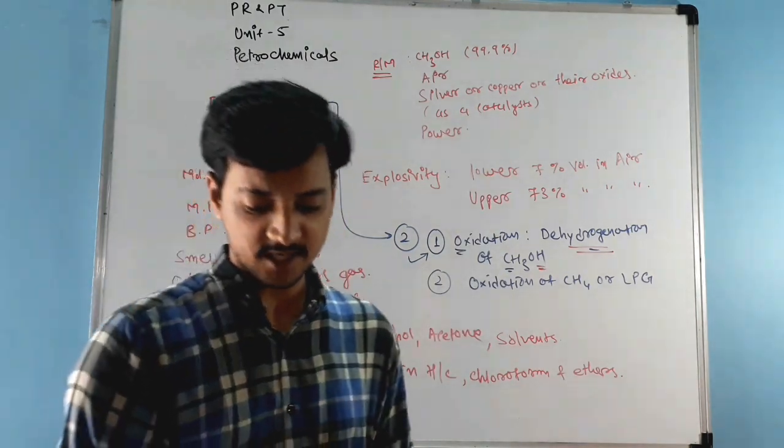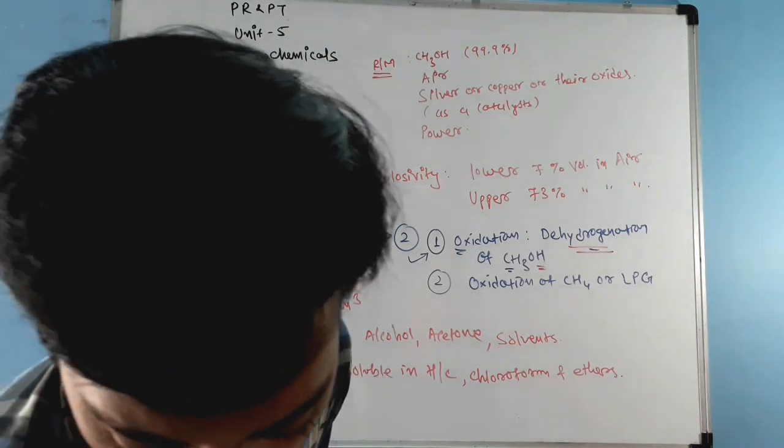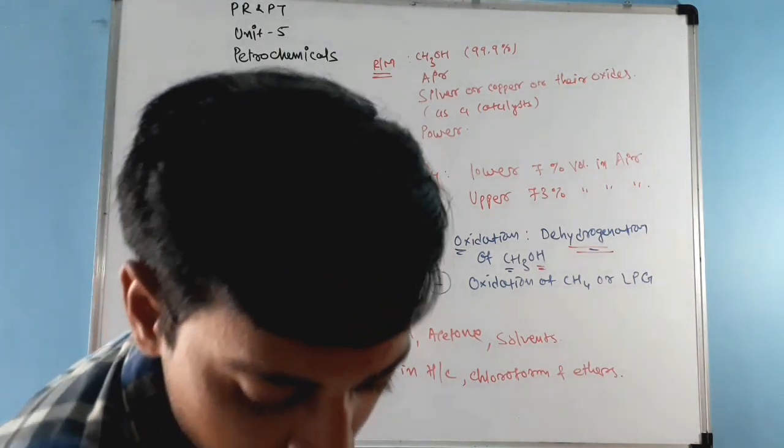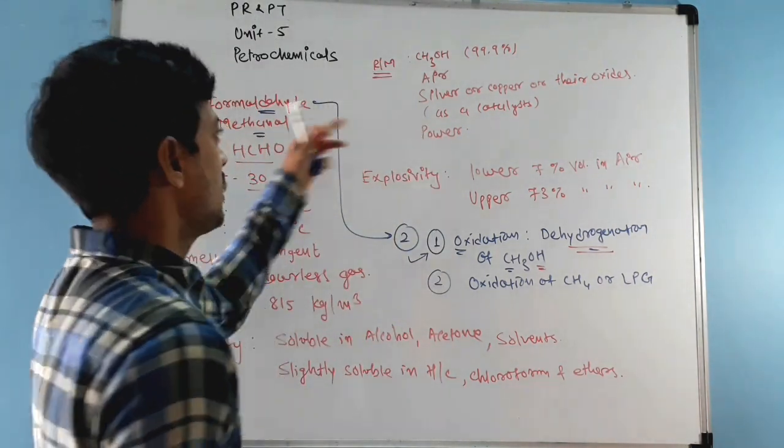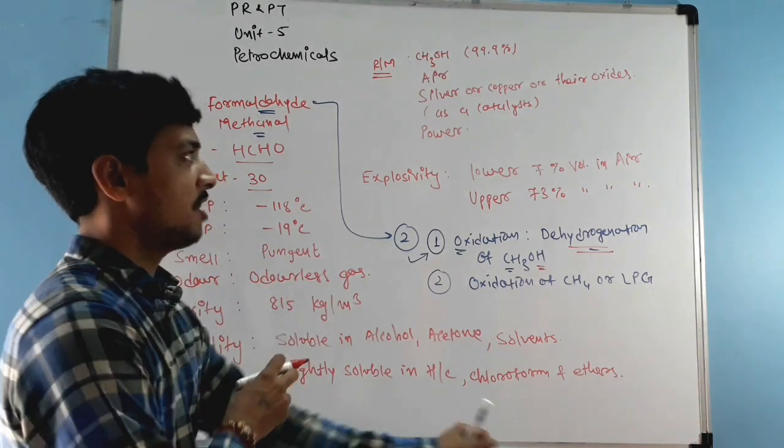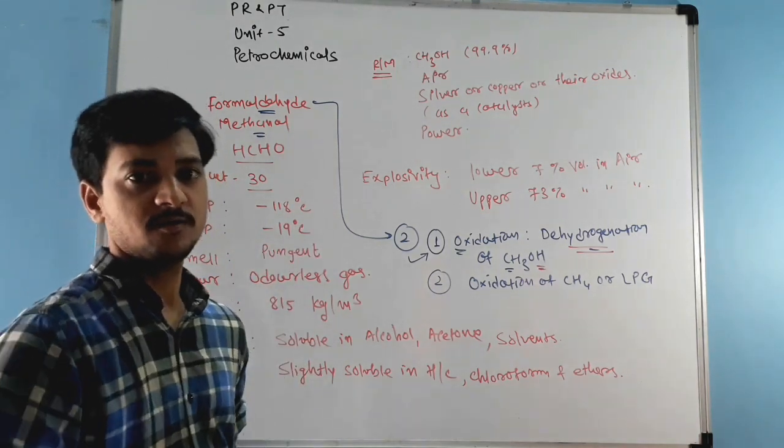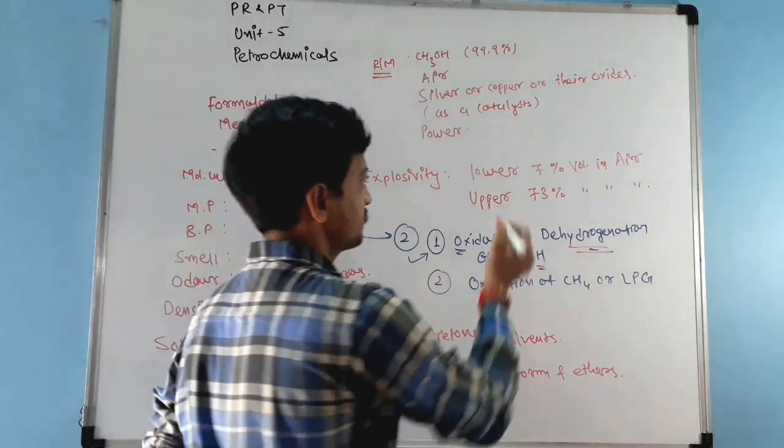So these are the basic raw materials for formaldehyde production.